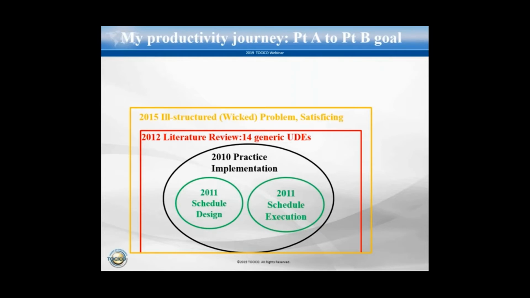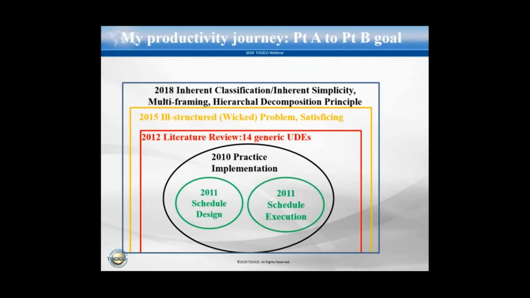In 2015, I came across the terms ill-structured, ill-defined, wicked, and messy in the academic literature, and they all seem to focus on having the same definitions. So they were synonyms for each other, and they were written about by many in the academic literature. I came across the term satisficing.